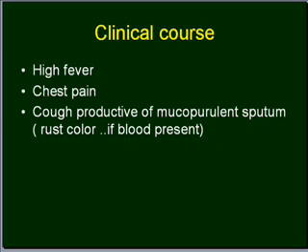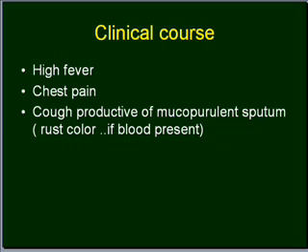But remember one thing: since this exudate can be mixed with a little bit of blood, RBC or erythrocytes, this sputum may be rust in color. But why rust? Why is it not bright red? It is rust in color because of the hemosiderin. You know that in the red hepatization we have RBC.